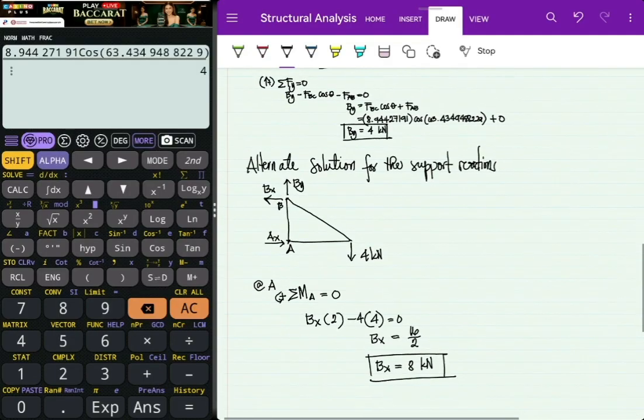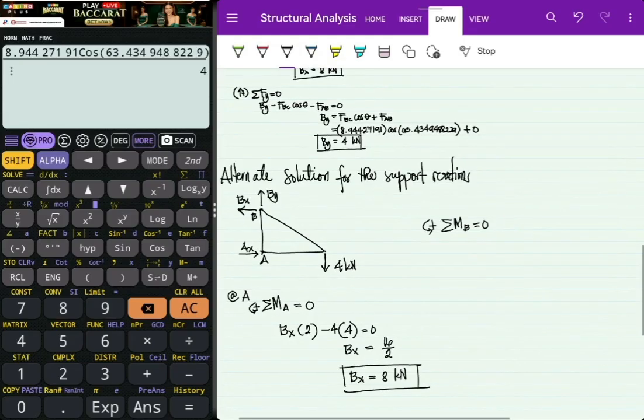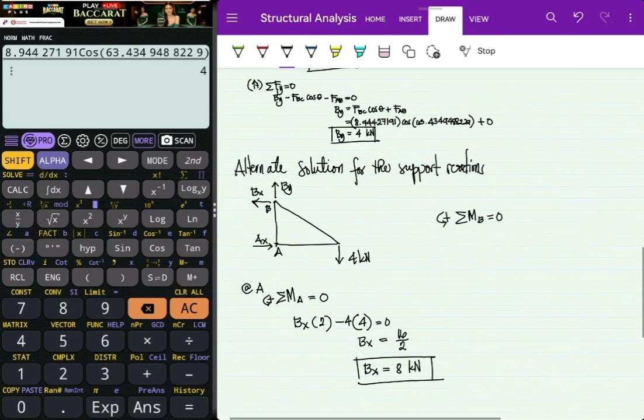Another is, we can also say moment summation. Moment at B is equal to 0, assuming counterclockwise positive. So for this case, we can say a sub x is counterclockwise. So this is a sub x. The perpendicular distance again is 2.